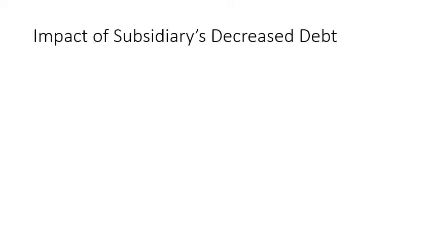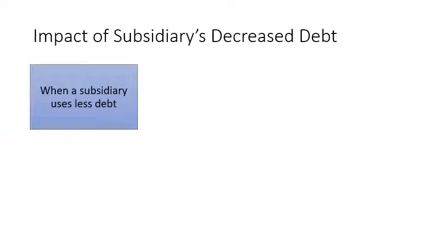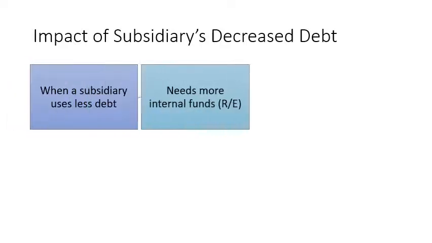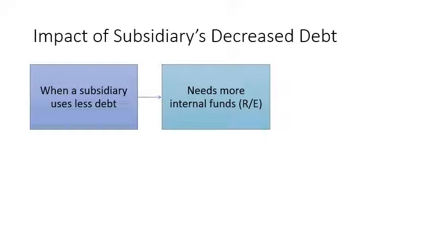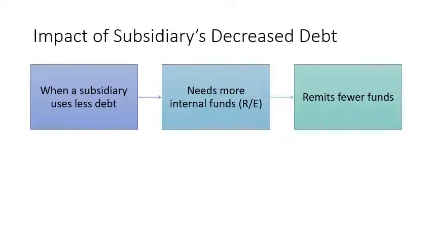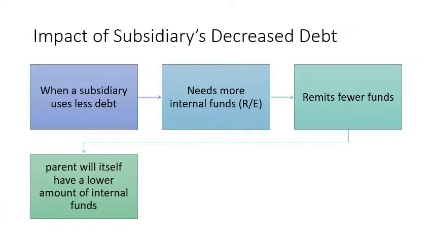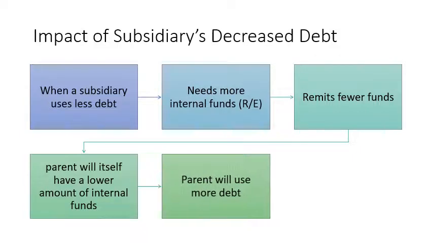What about the impact of subsidiaries' decreased debt? When a subsidiary uses less debt in its capital structure, it will need more internal funds to support its operations. So it will remit fewer funds to its parent company, and the parent will itself have a lower amount of internal funds.